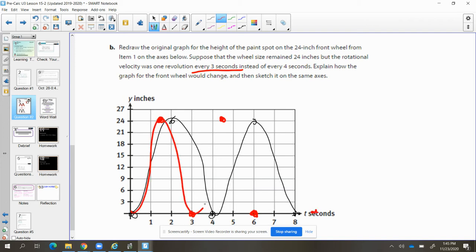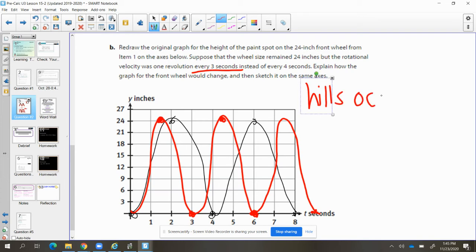So again, she's repeating a little bit quicker, which ultimately means that we're seeing these hills occur closer together. Okay, so they're going to be repeating more often and closer together.